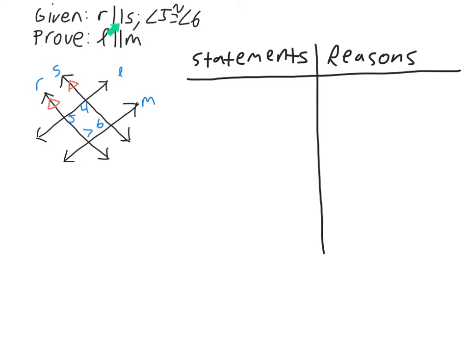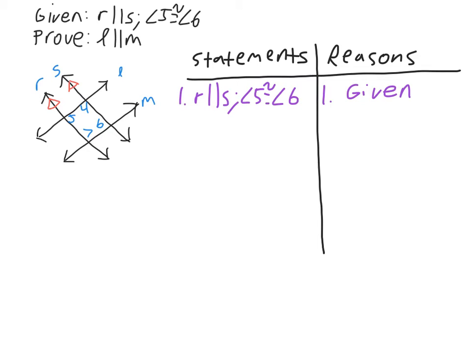So R is parallel to S and angle 5 is congruent to angle 6. We write that those two things are true, and our reason is because it was given to us. It's prior knowledge, so we just write given.